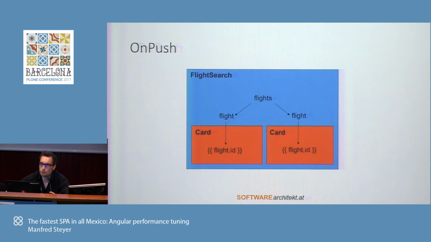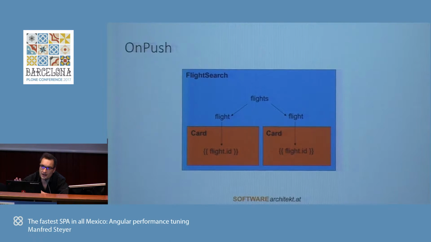What does OnPush do? With OnPush, you can tell Angular that some components shouldn't be checked at all. So Angular is skipping, for instance, the flight card components here when it comes to checking for changes. Angular will just check those components when Angular gets notified about a change within those components.